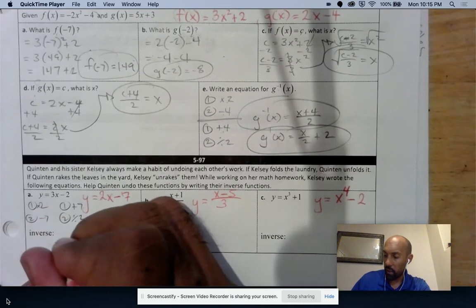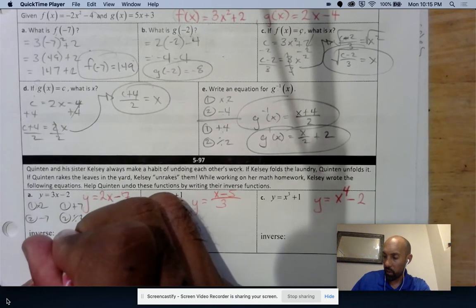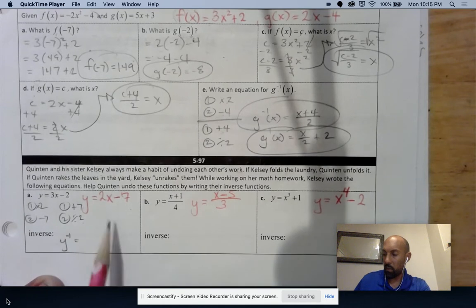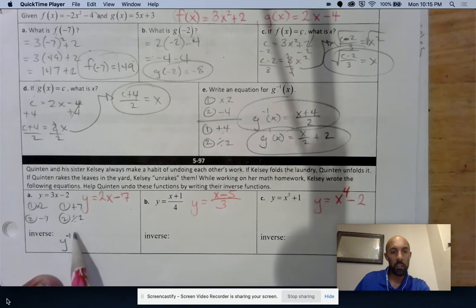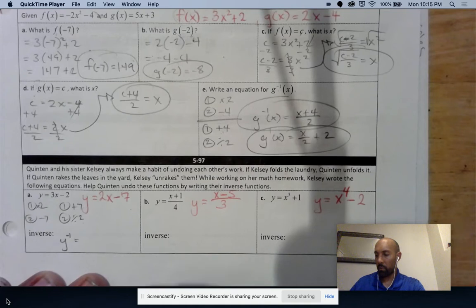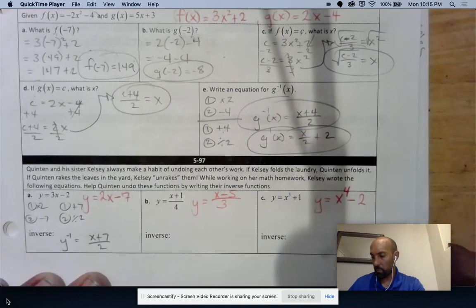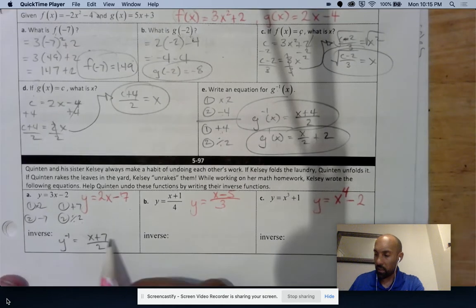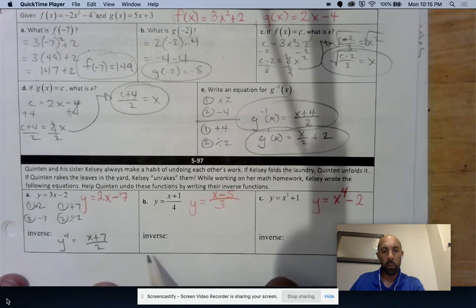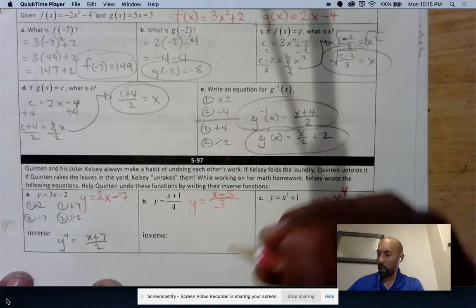So that means y to the -1. Notice how it doesn't have x, so I just put y to the -1 without the of x part. It would be first x plus 7, then divide by 2. And again, I could split that like I did here. I'm not going to, but if you needed to, you can.